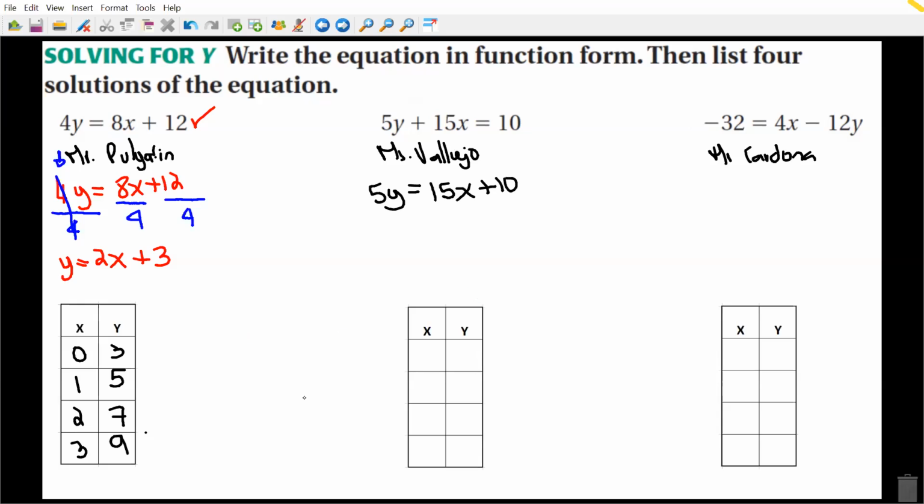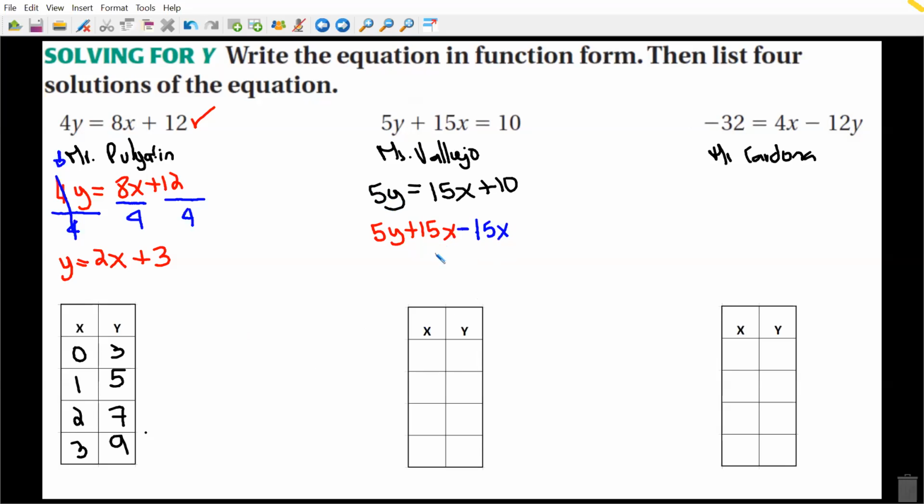Okay, Miss Vallejo, let me give you a little hint over here. You had 5y plus 15x, and you want to isolate. You tell me, teacher, leave that 5y on that side. So if you have a 15x, why don't you subtract 15x here?